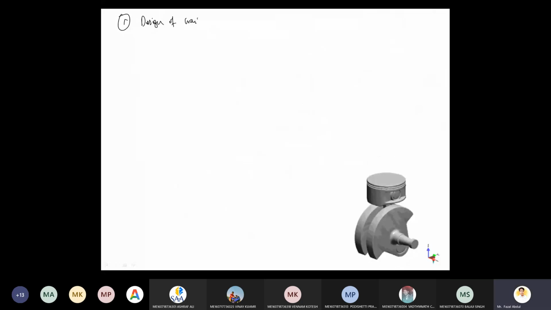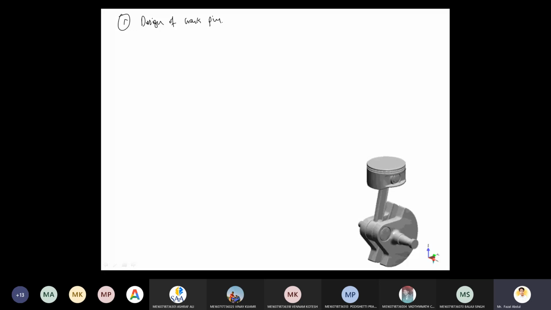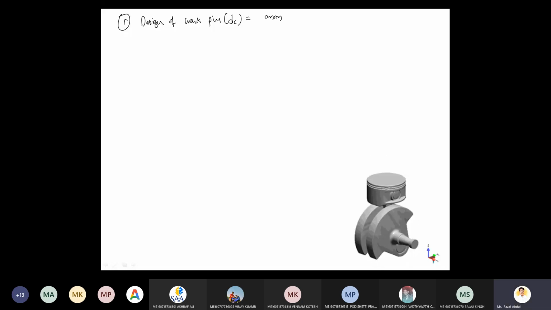What is the first point in the design procedure? Design of the crank pin, denoted by D suffix C. Our answer should be in mm.